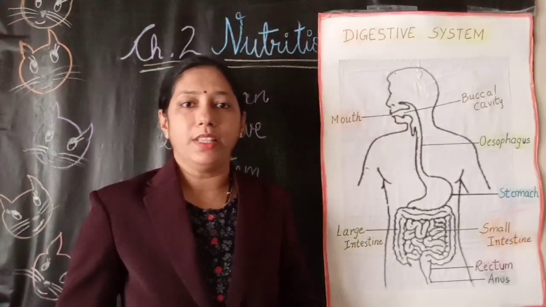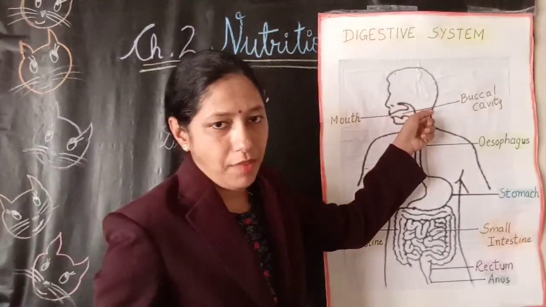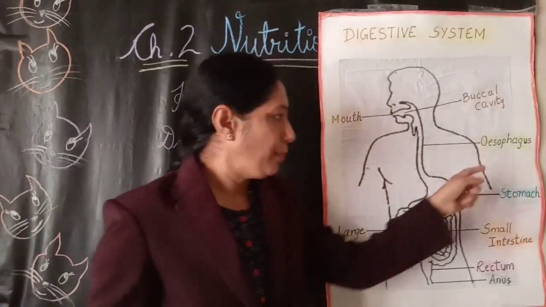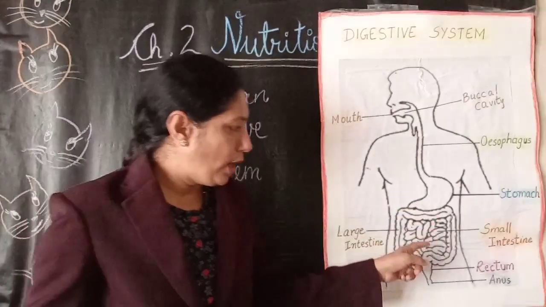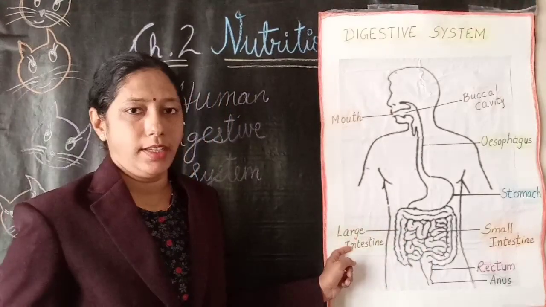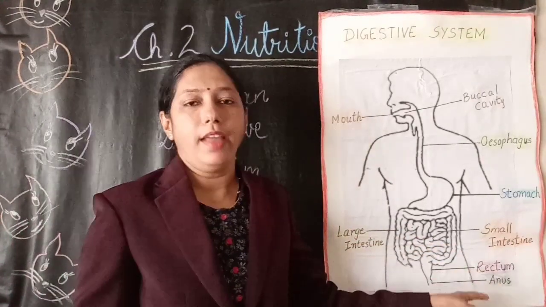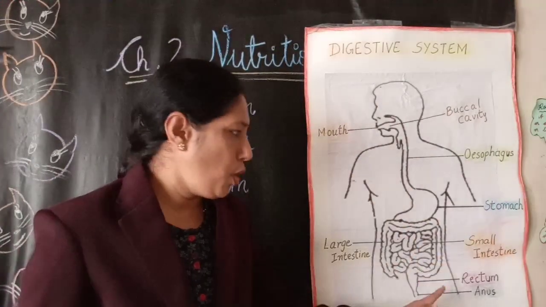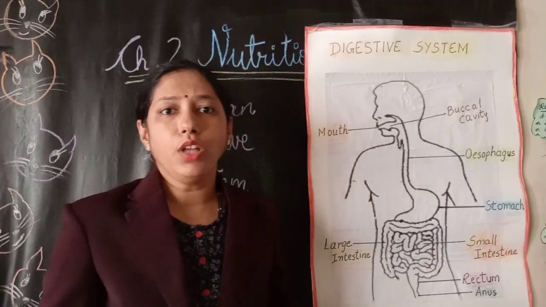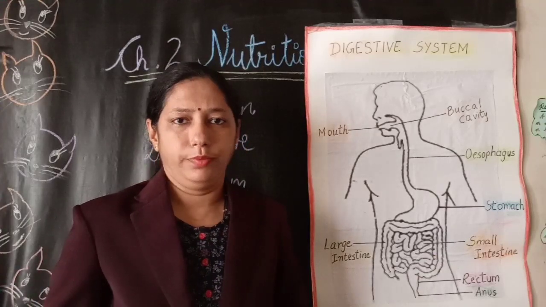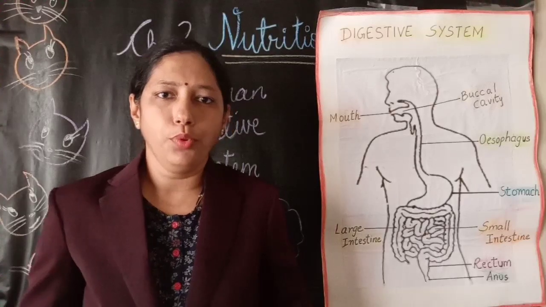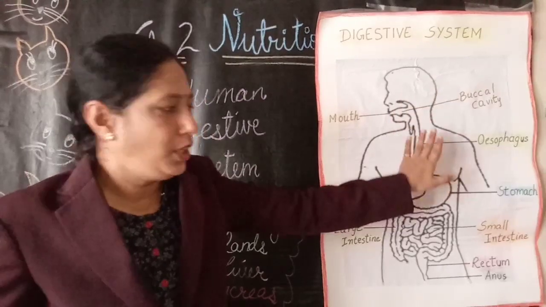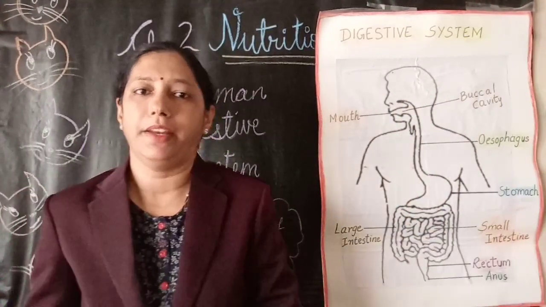The compartments of this canal are buccal cavity, food pipe, also known as esophagus, stomach, small intestine, large intestine, rectum and anus. These compartments together form the digestive tract. It is also known as alimentary canal. The components of food gradually get digested when the food travels through the different compartments of the alimentary canal.